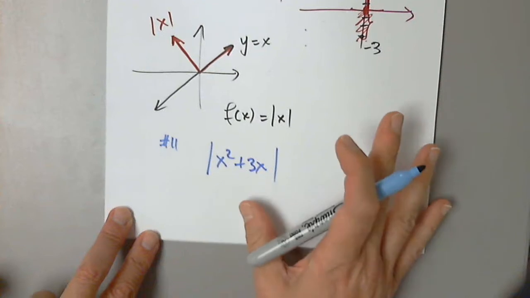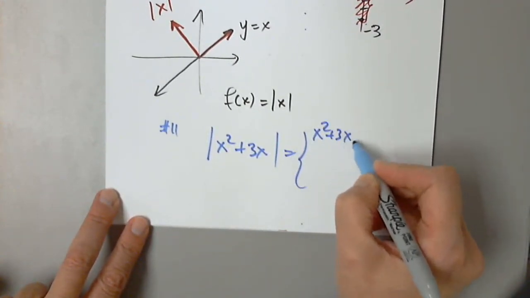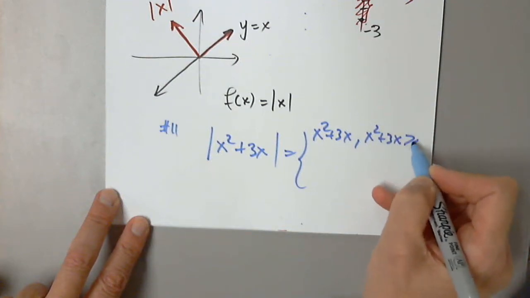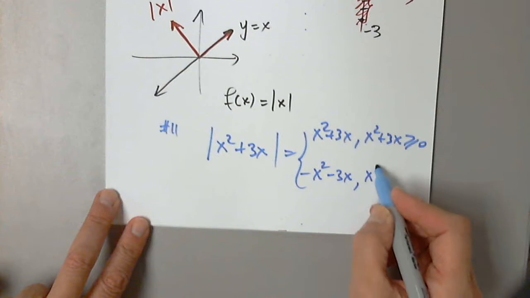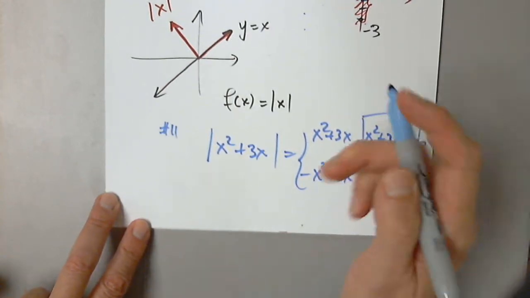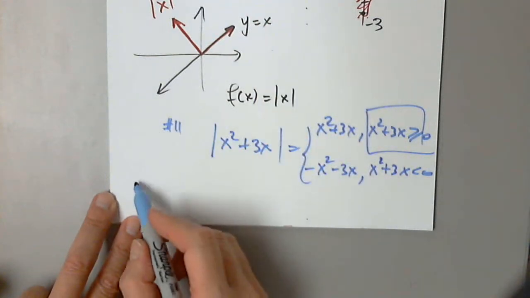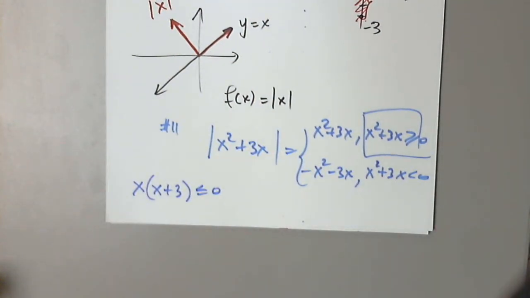Now you have the information because you will have two options: x squared plus 3x for x squared plus 3x greater than or equal to 0, and the other option for x squared plus 3x less than 0. Now you know how to solve this based off that table. You will factor and use the table.